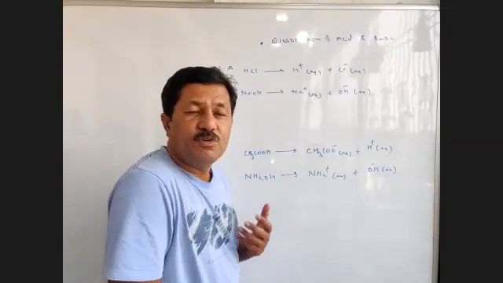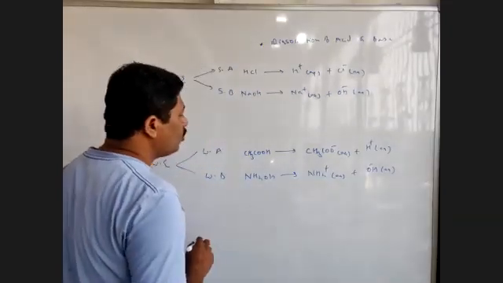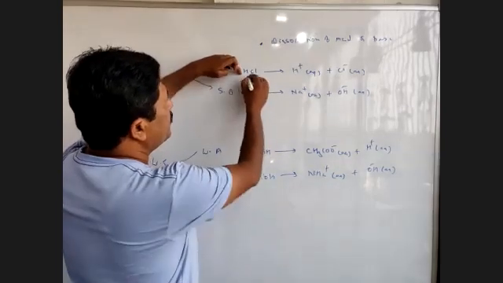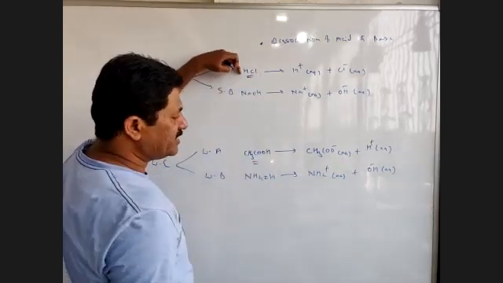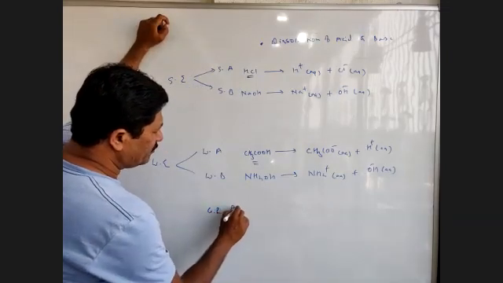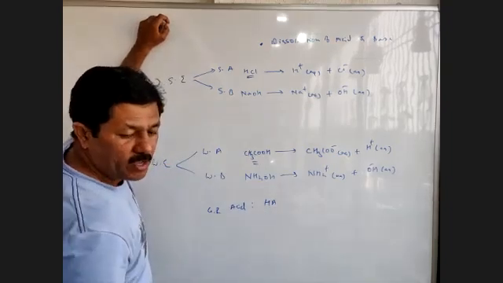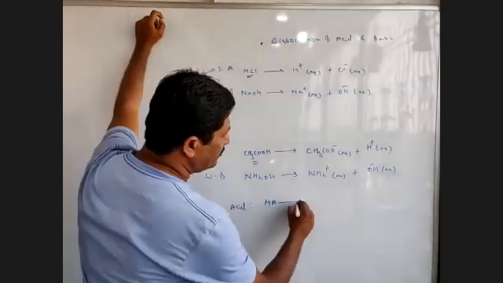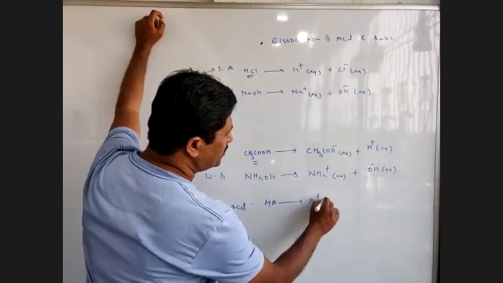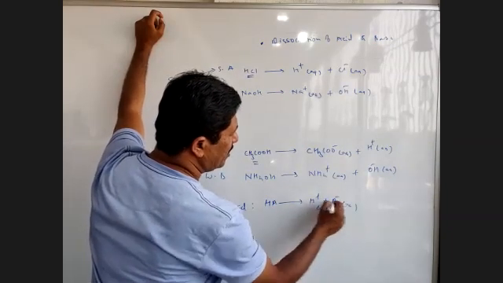अभी देखिएगा. According to Arrhenius, acid produces H plus ions and base produces OH minus ions. So generally कोई भी एसिड होगा, अभी ये एक एसिड है आपको मिलता है और यहाँ पे एक एसिड मिलता है. दोनों एसिड्स के लिए एक आपको मिलता है जनरल रिप्रेजेंटेशन. जनरल रिप्रेजेंटेशन फॉर एसिड की अगर बात करते हैं तो दिस इज नथिंग बट HA. ओके, सो HA इज एसिड. एसिड जब डिसोसिएट होता है तो it produces H plus plus A minus, and this is nothing but aqueous. आप अच्छी तरह जानते हैं.